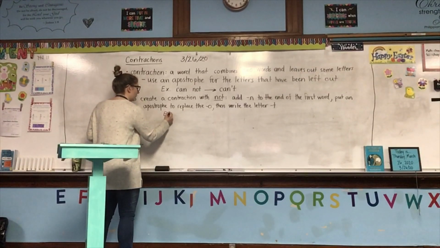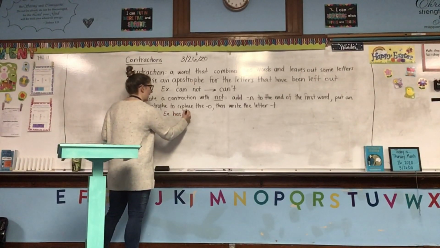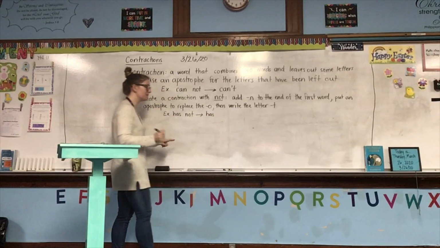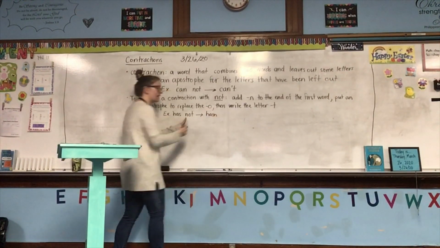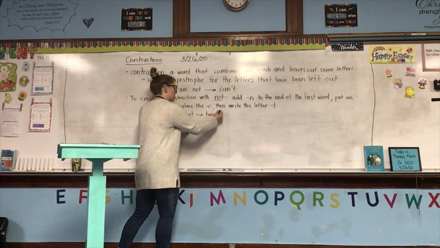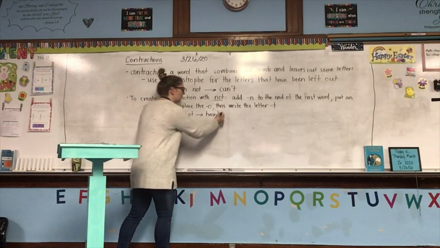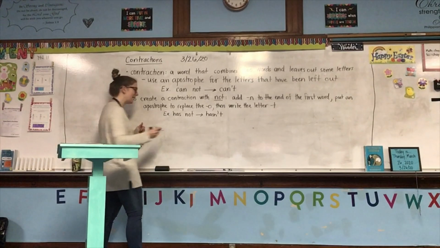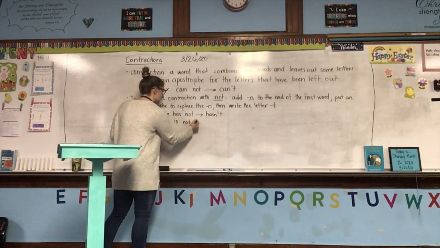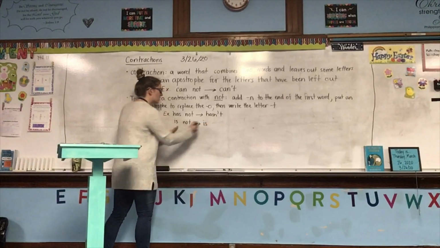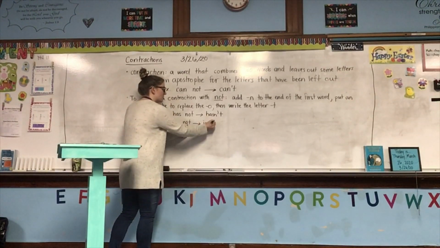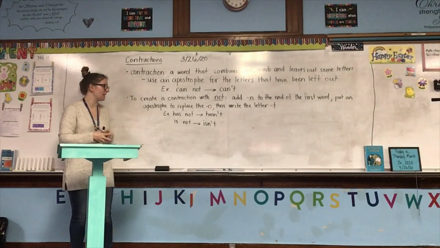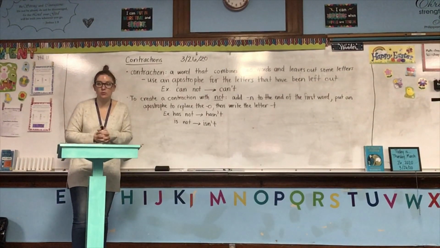So, for example, has not, we take our first word, has, we add an N to the end, we put an apostrophe to replace the letter O, and then we put the T. If we have is not, we write our first word, we add the letter N, we put an apostrophe to replace the O, and then we write a T. And that goes for any time you want to make a contraction including the word not.